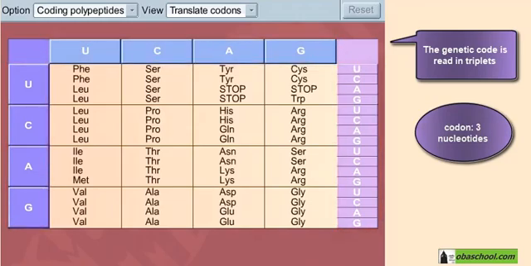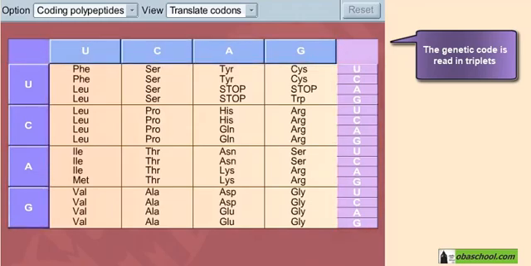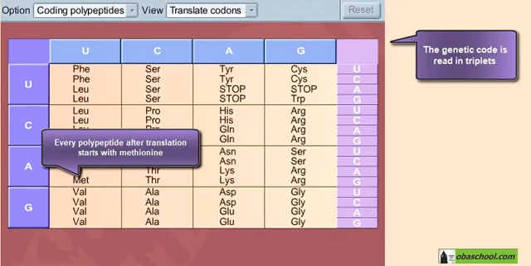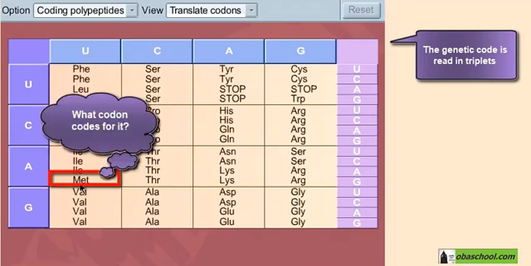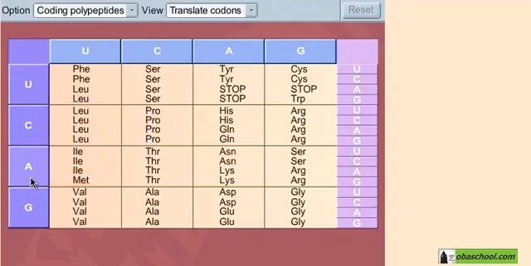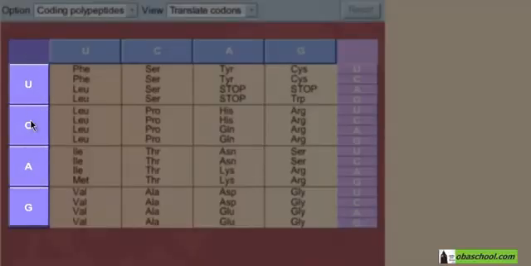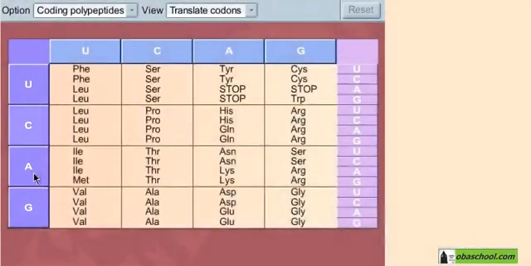And we know that every polypeptide after translation starts with the amino acid methionine. This is methionine. What codon codes for methionine? We look first at this column. This column tells us about the first nucleotide.